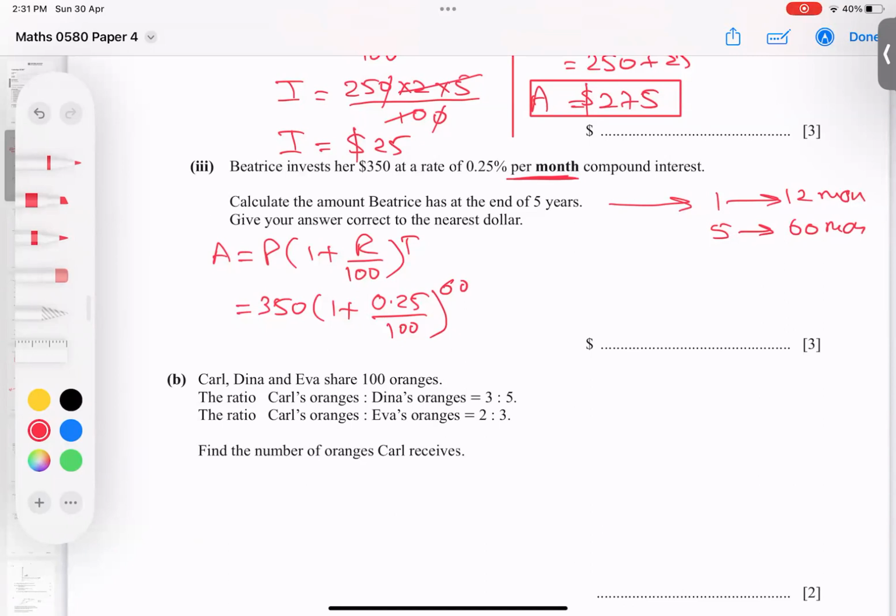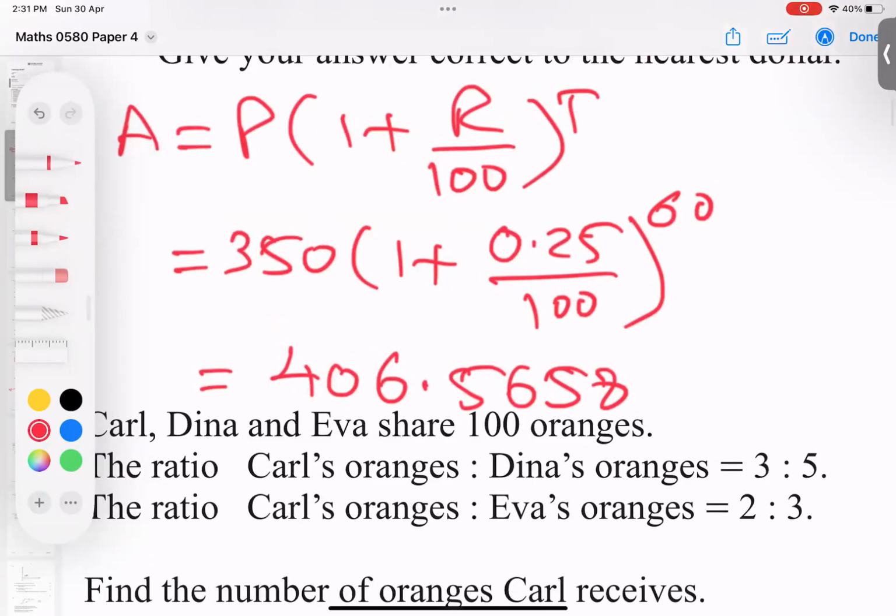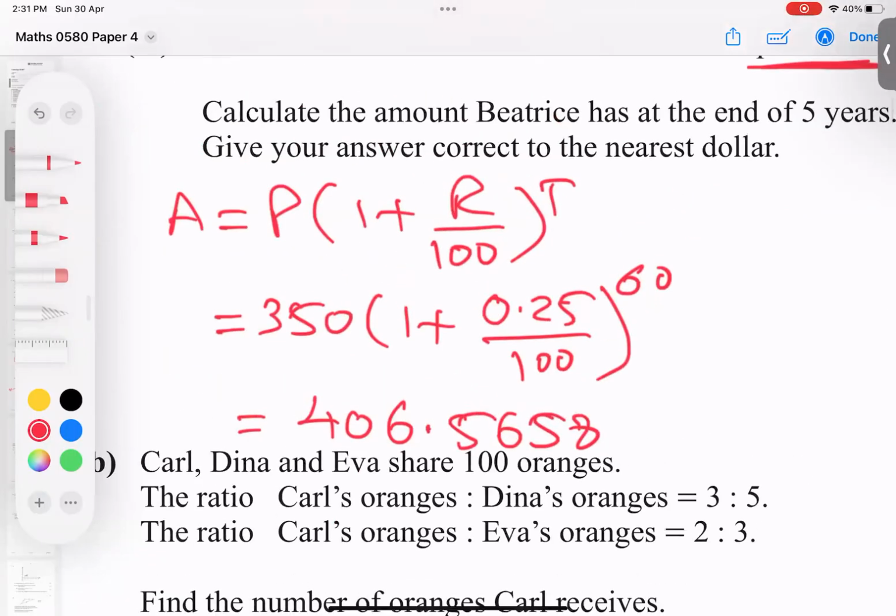Anyway, I'm typing in my calculator, and the power is 60. And the answer is finally coming: 406.5658. But you know, we're looking for 2 dp because we always write correct to 2 dp when he doesn't mention it.